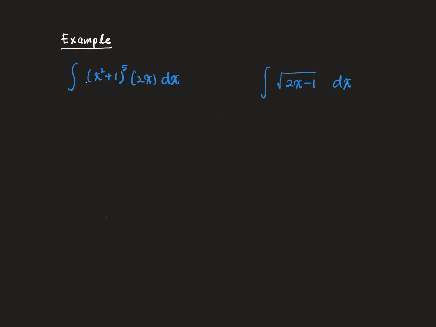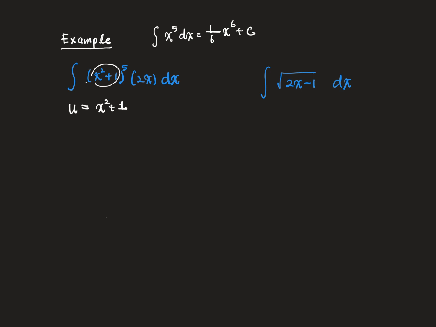Here's the example: the integral of (x squared plus 1) to the 5th power times 2x dx. We know the integral of x to the 5th dx is 1/6 x to the 6th plus c. But we don't know (x squared plus 1) to the 5th power. So we use the substitution method. Let u be x squared plus 1.